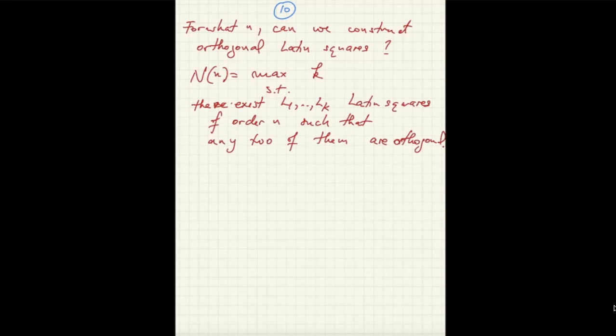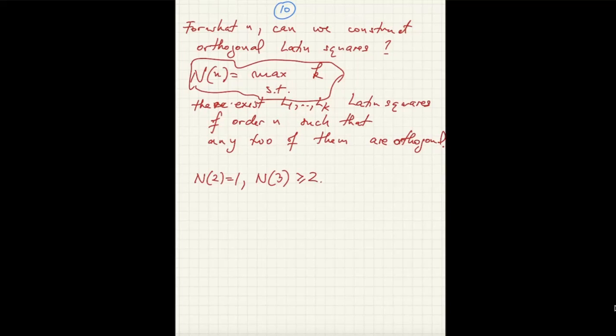These are important parameters in combinatorics. They're related to fundamental notions such as finite projective planes. And so what we saw earlier is that N(2) equals 1, and we saw that N(3) is greater or equal to 2 because we can construct two of them.